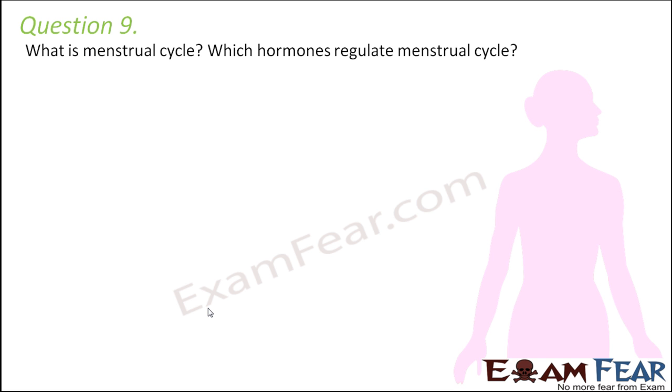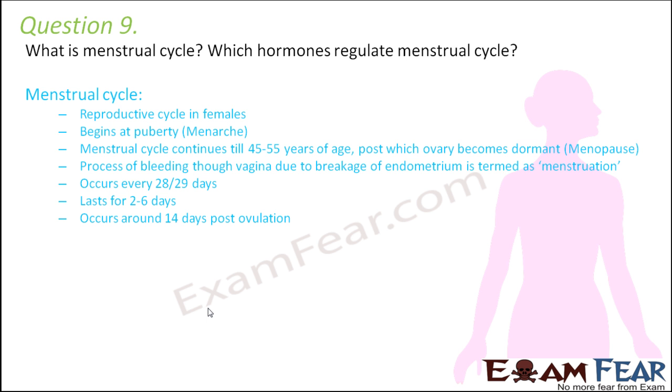Question number 9. What is menstrual cycle? Which hormones regulate menstrual cycle? As I mentioned, it is the reproductive cycle which takes place exclusively in females. It begins at puberty, and the first menstrual cycle is termed the menarche. The menstrual cycle doesn't continue forever. The last menstrual cycle happens between the age of 45 to 55 years, and this is called menopause.